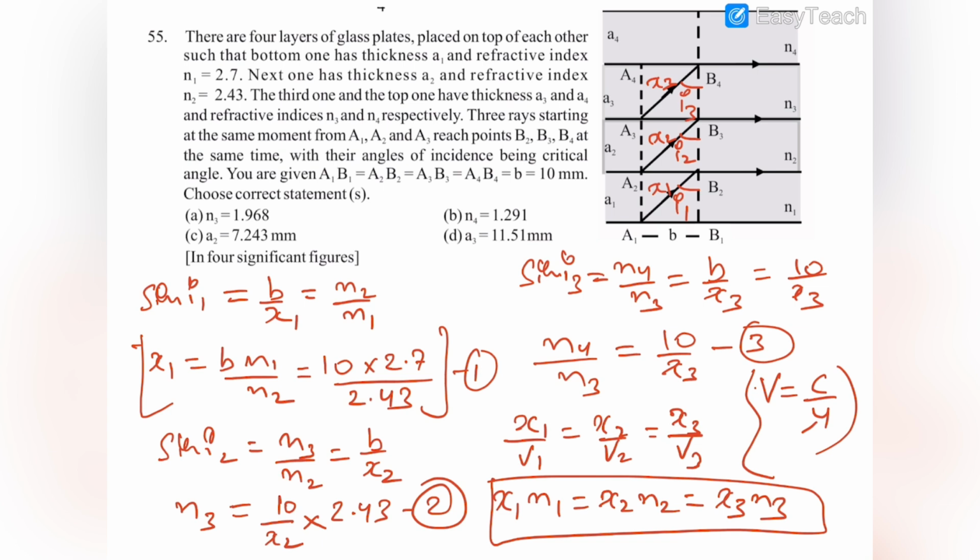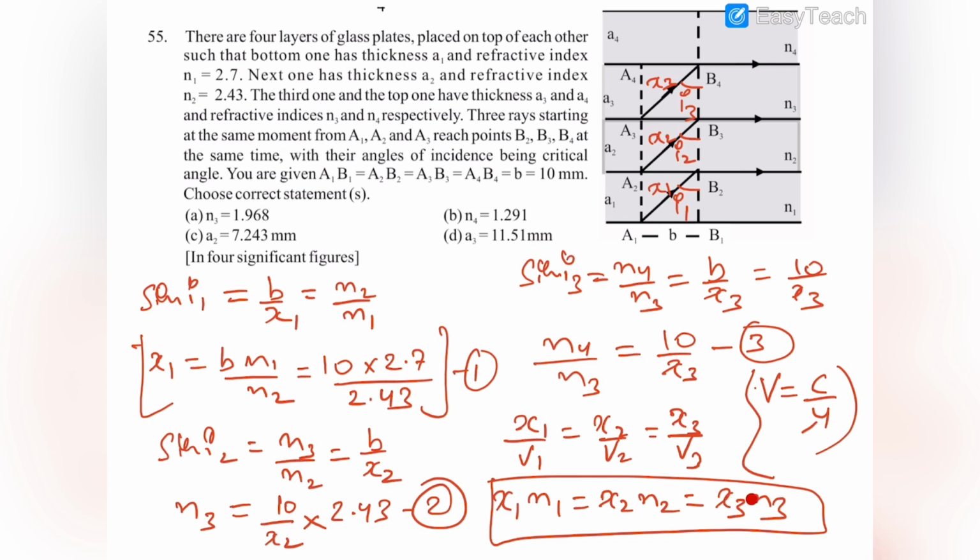Okay, so you can again use this. You can see that n1 is given to us and x1 we have already calculated. So this x1 n1 we have already calculated, and for x2 n2 we have an equation here in which there is a variable. It is n4 n3 10 and x3, and here it is x2 n2, and that is equal to this one, and n2 is also given in the question, so we can find out x2 from this one.